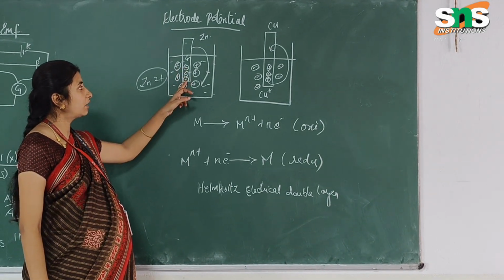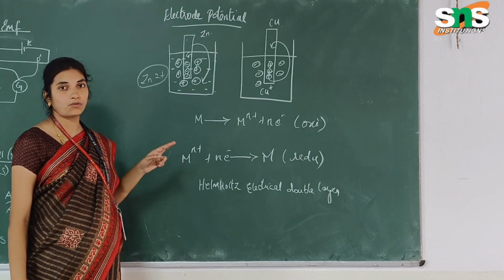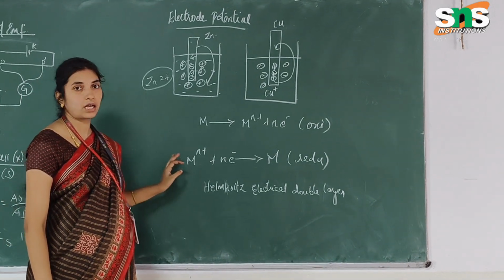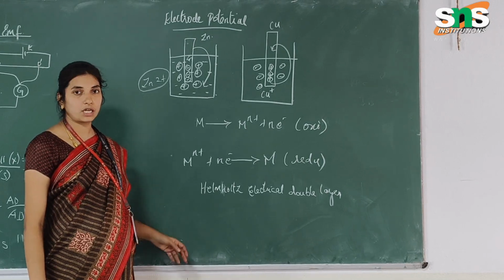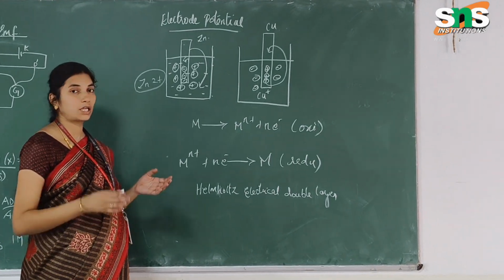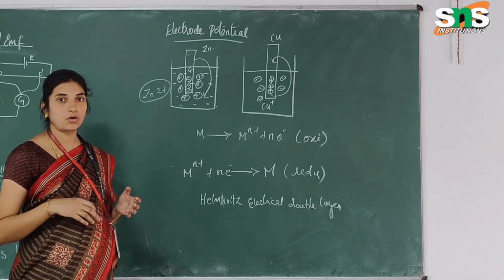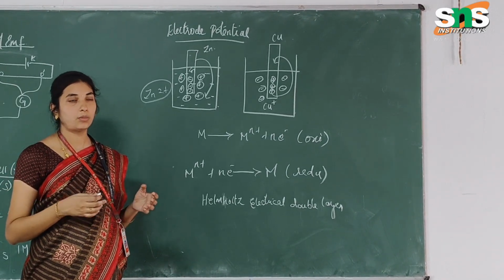Here the positive and negative layers combine. This type of layer is called a Helmholtz electrical double layer. So the Helmholtz electrical double layer is formed whenever the electrode has positive and negative ions arranged like this.